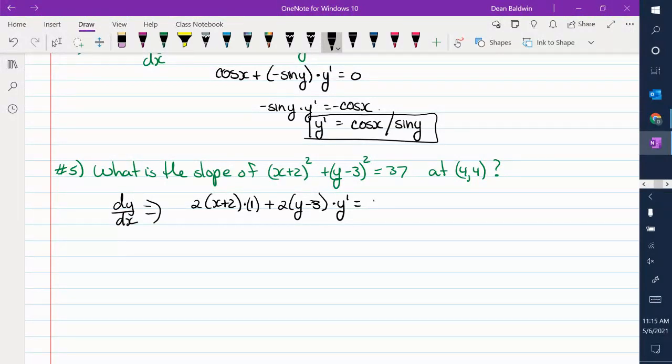Okay. Now, at this point, if I'm asking for the specific slope, you don't need to solve for y prime right now. You can just plug in your point.